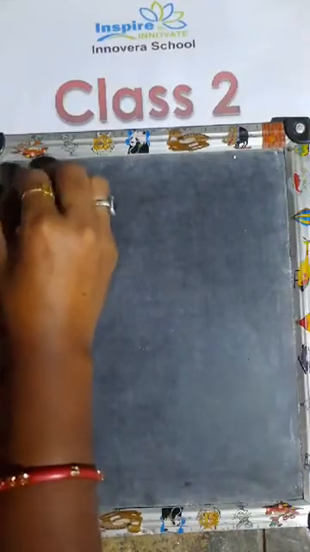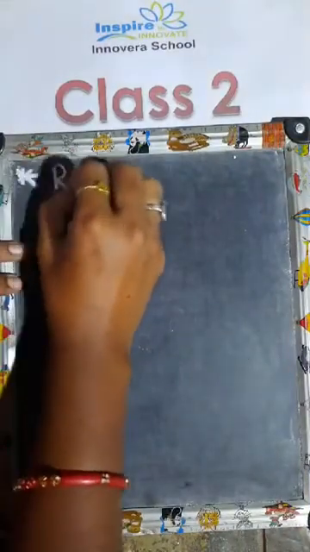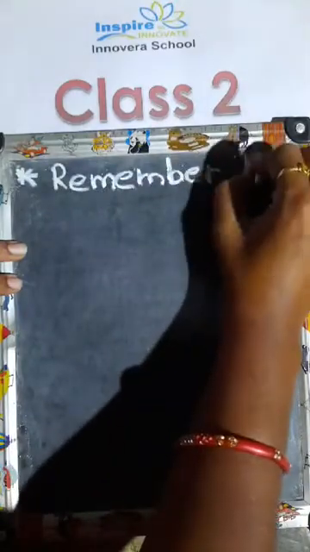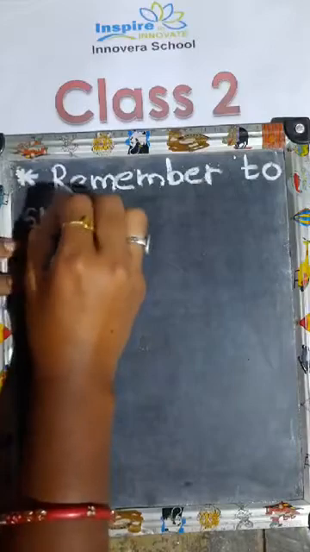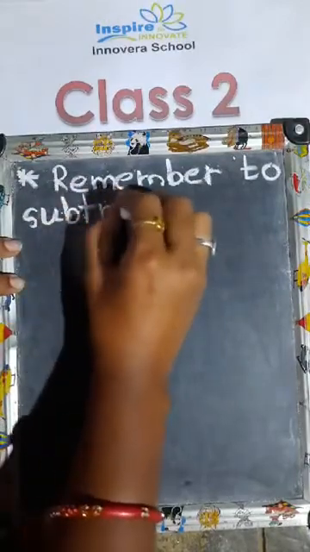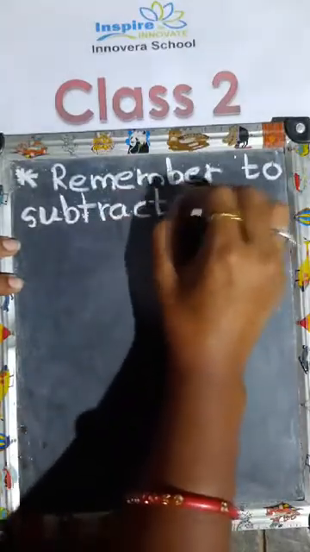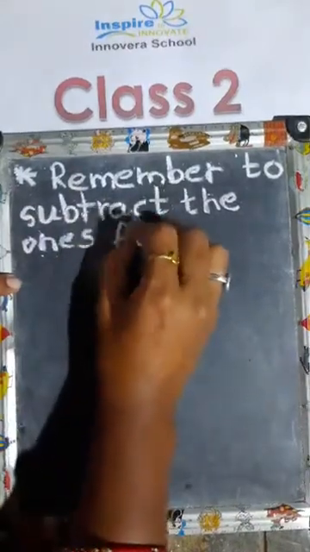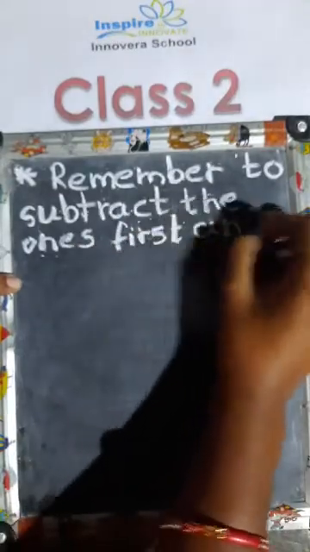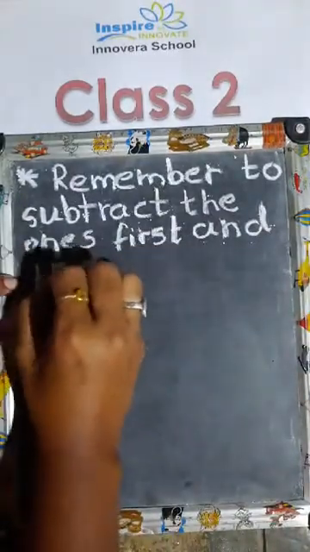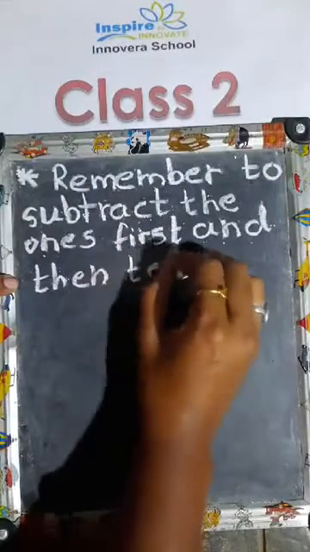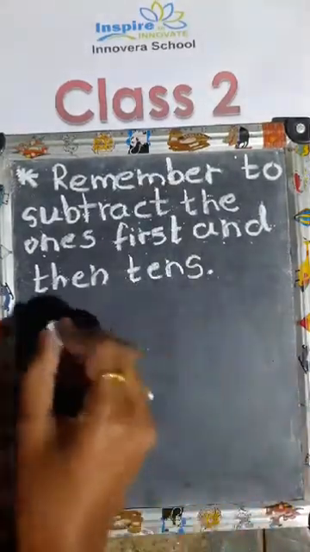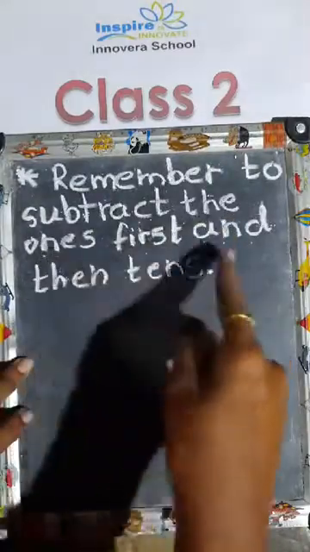You can write in your notebook: remember to subtract the ones first and then the tens. This we have learned in class 1 only, okay? But just to remember, you write it down in your notebook.